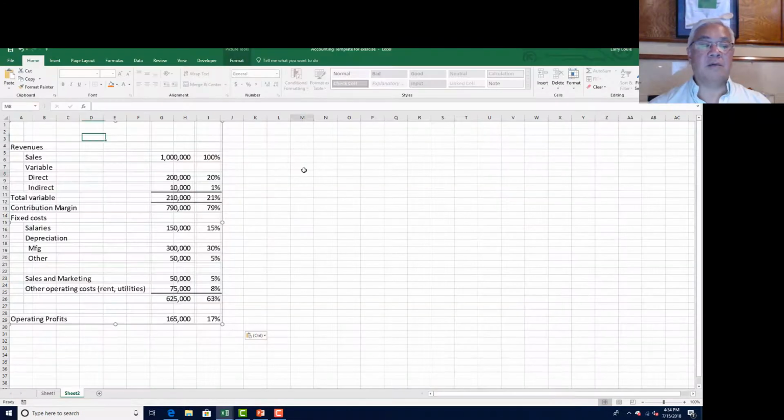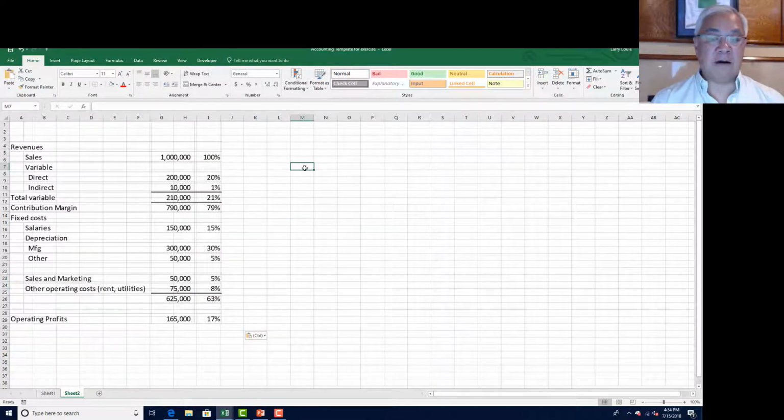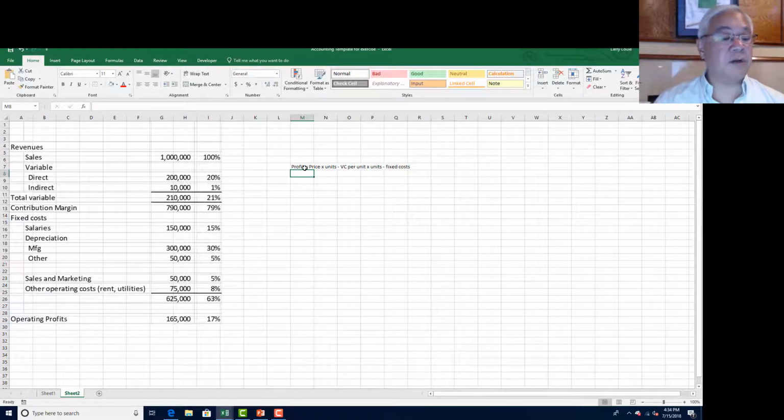All right, so here, let's break it into the CVP formula just to show you how easy it is. Profit equals the price times the units, minus the variable cost per unit times units, minus the fixed cost. And I don't know if we knew the volume.